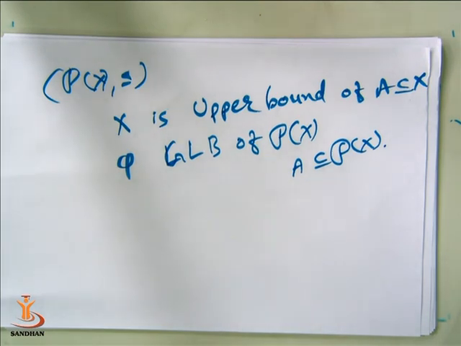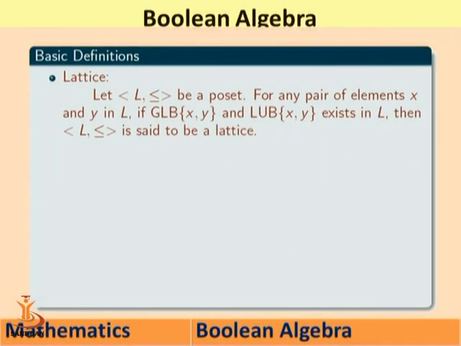Now next is lattice. For the basic definition, take any poset L, less than or equal to, and for any two elements X and Y from that set, the GLB of those two elements and the LUB of those two elements should exist in the poset L. Then L, less than or equal to, is said to be a lattice.